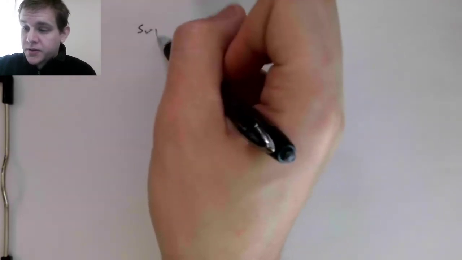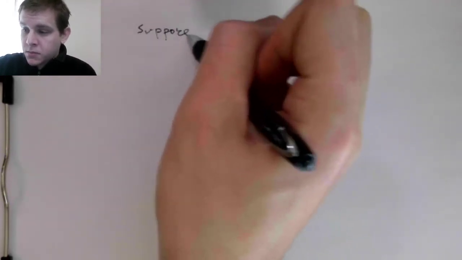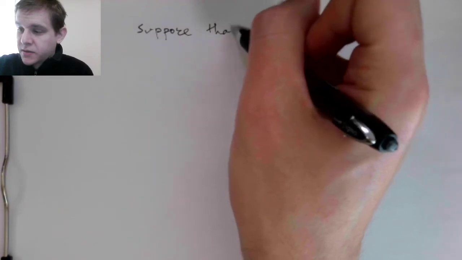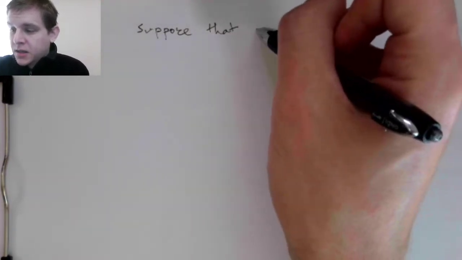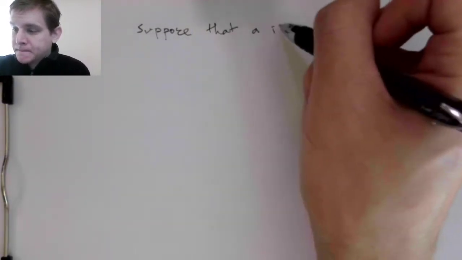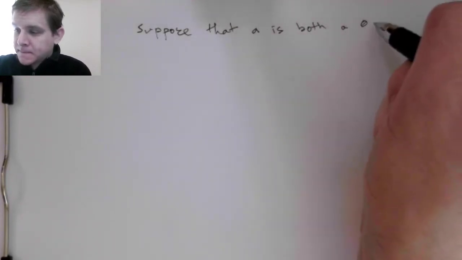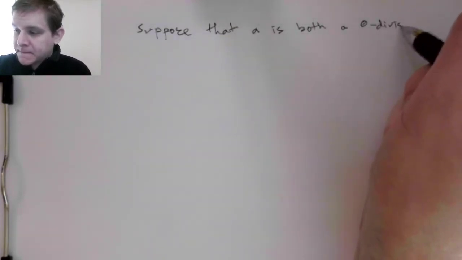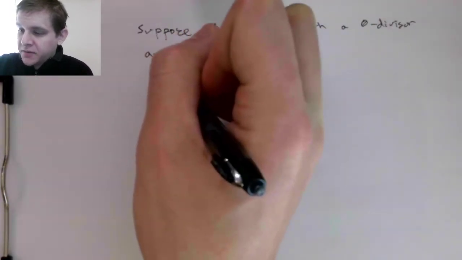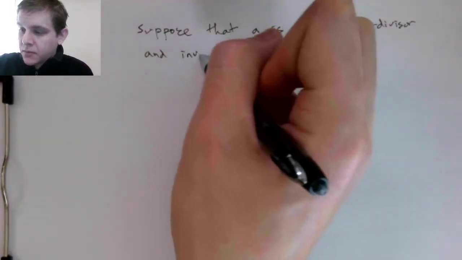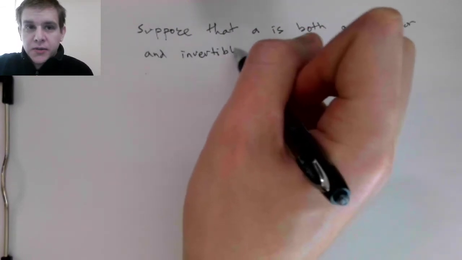So suppose that A is both a zero divisor and invertible modulo n.